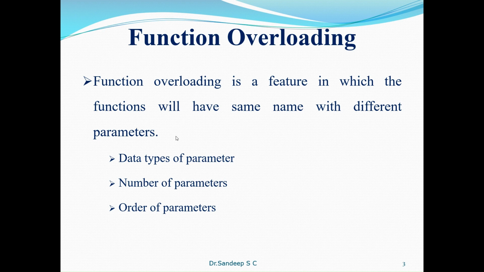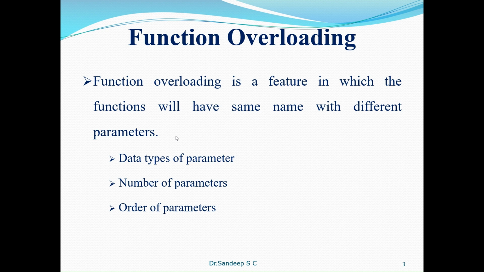Depending on how many arguments I pass while calling the function, that will decide which function is invoked. If I pass only one argument, that particular function is called, and if we pass two arguments, then that respective function will be called. Like that, we can differentiate the functions based on the number of parameters.